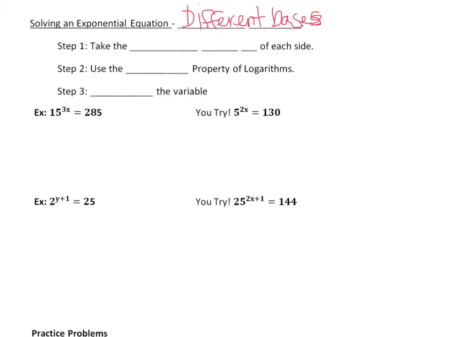And that's fine. So step 1, we're going to take the log base 10 of each side. So in this first example, all that means is we're going to write the word log in front of each side. So log of 15 to the power of 3x is equal to log of 285.